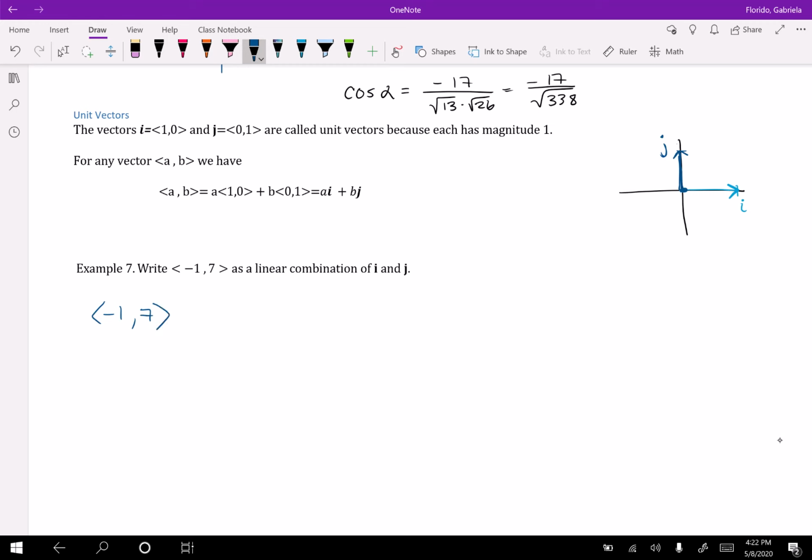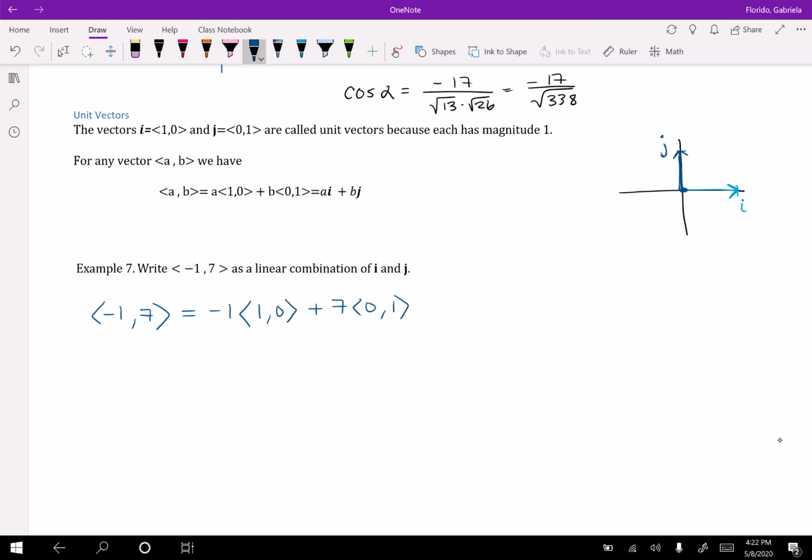According to the definition, we take -1, the first component, and multiply it by our vector i, and then multiply my vector j by my second component, which is 7.